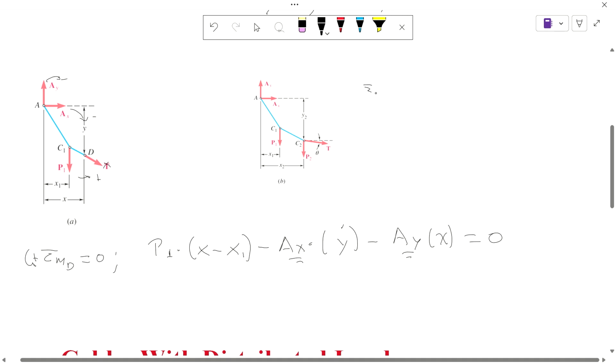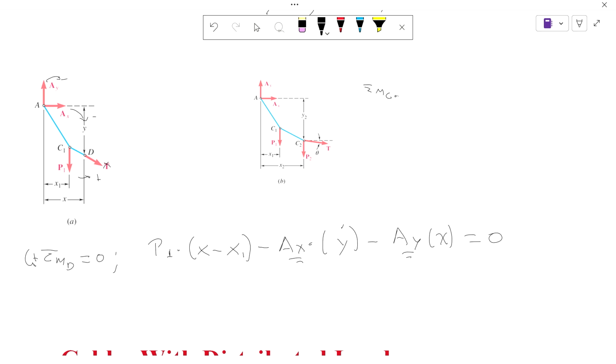So when you do summation of moments at C2, it's going to be equal to 0, and then choose the direction. Counterclockwise is positive.